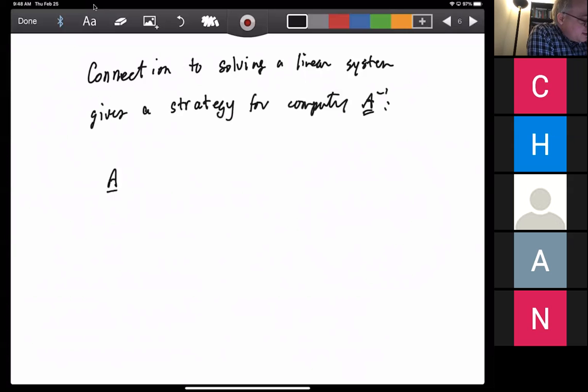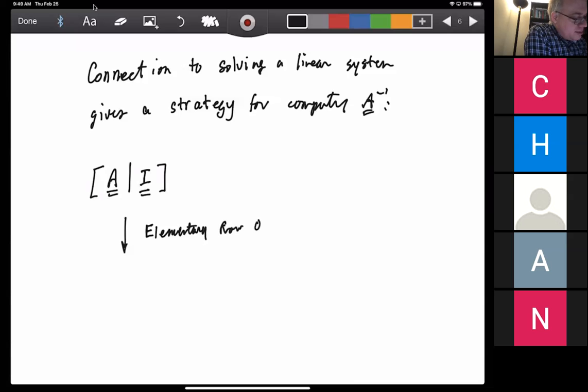The idea is that we can start off with an augmented matrix where we put whatever matrix we're trying to invert on the left-hand side, put the corresponding identity matrix on the right-hand side, and do elementary row operations. Essentially, we want to get the matrix A to its RREF form.